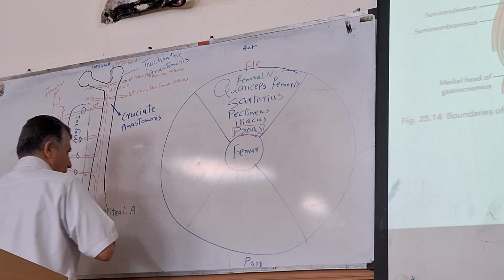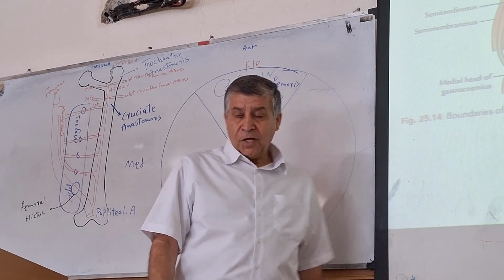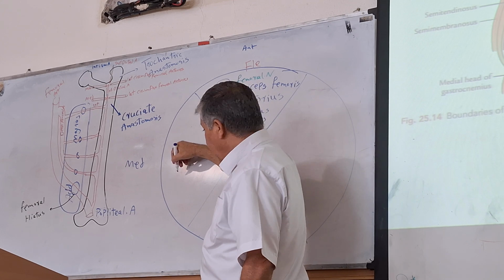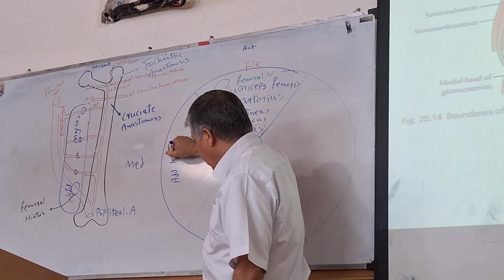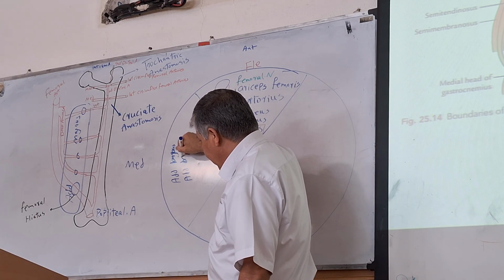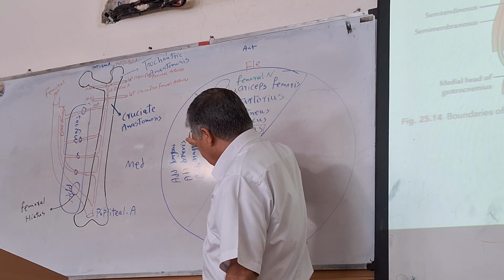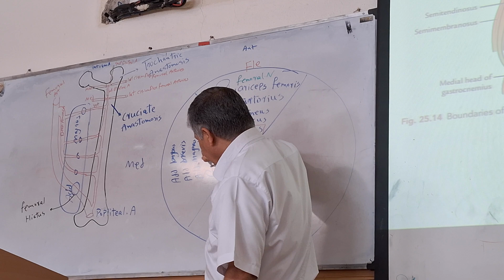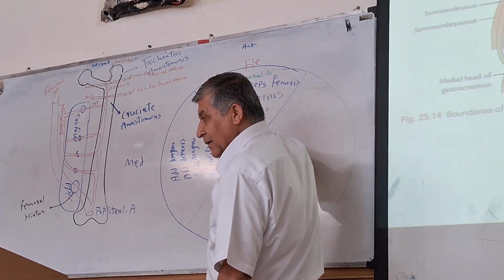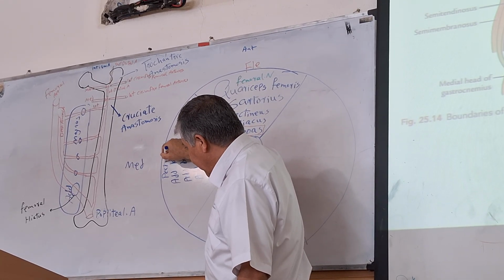Medial compartment, or adductor compartment. You can see adductor longus, adductor brevis, adductor magnus, gracilis, and pectineus.